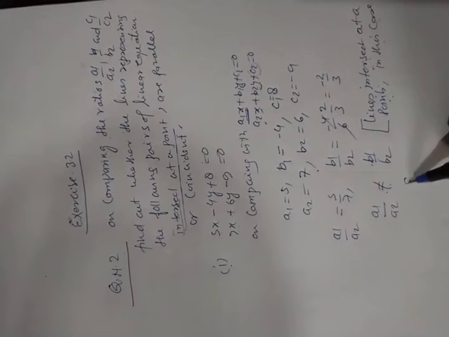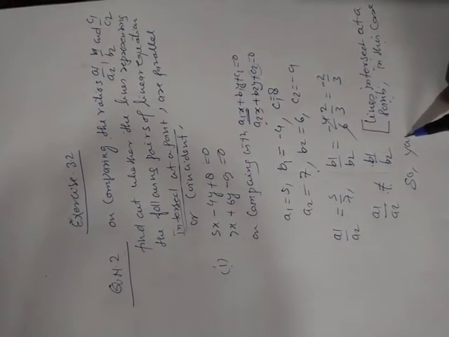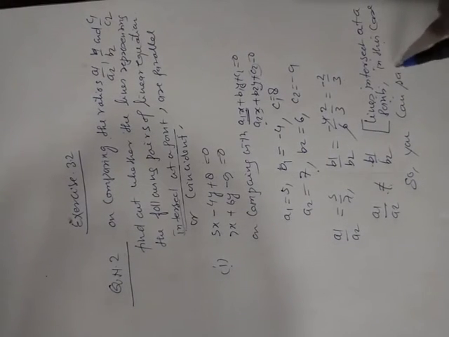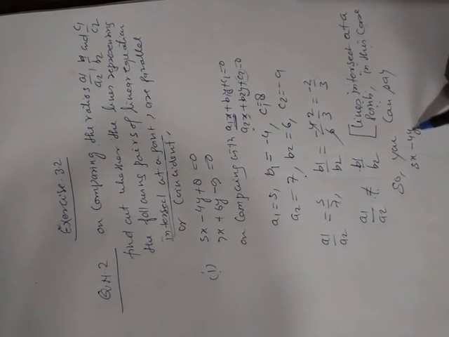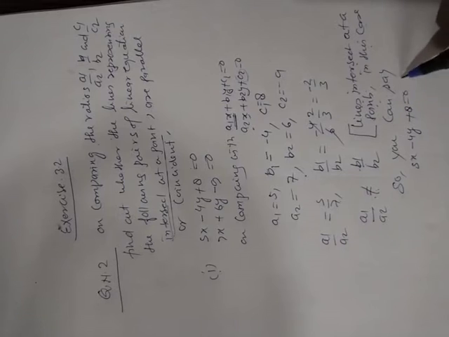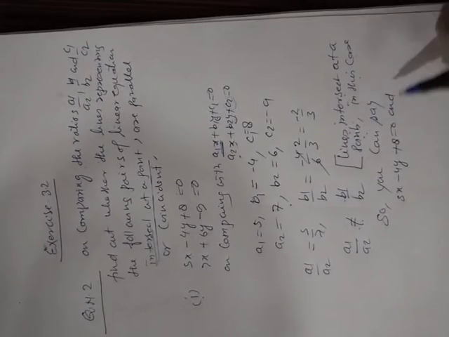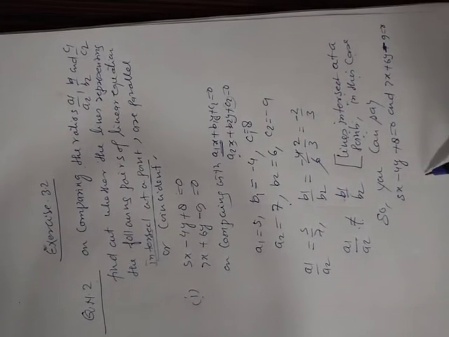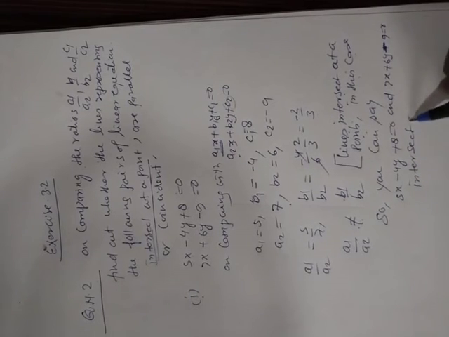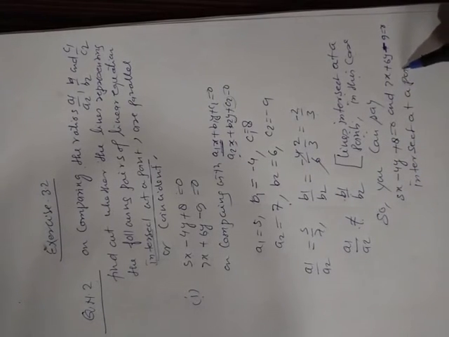So you can say 5x minus 4y plus 8 is equal to 0 and 7x plus 6y minus 9 is equal to 0 intersect at a point. This is your answer.